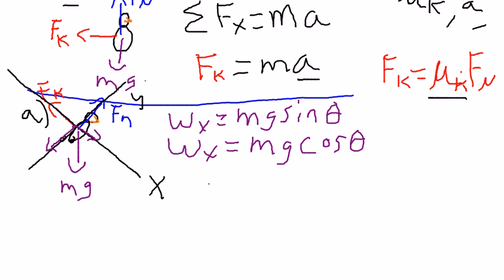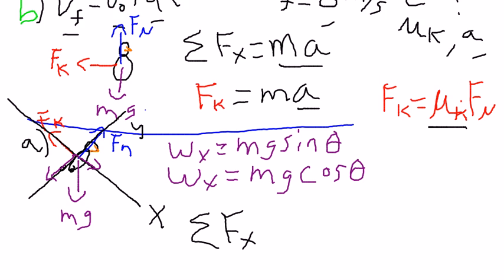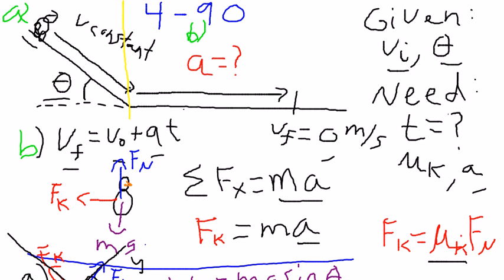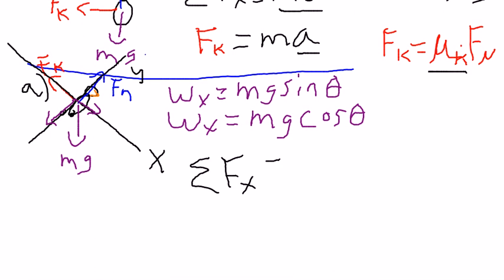So again, sum of the forces in the x direction in this case, before they're equal to ma up here, right? But at this point, we're told, let's review, that we have a constant velocity. What does that mean? That means that the net force is equal to 0, Newton's first law.